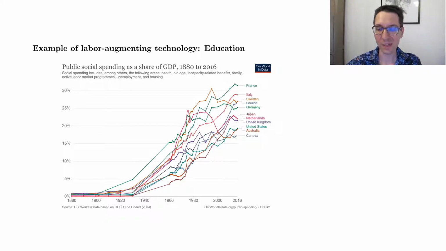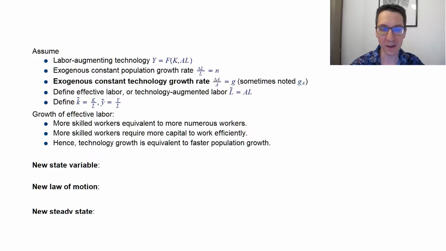Okay, so now we introduce technology in the Harrod-neutral way, in a more formal way. Let's go ahead and define our labor augmenting technology. Y equals F of K, AL.